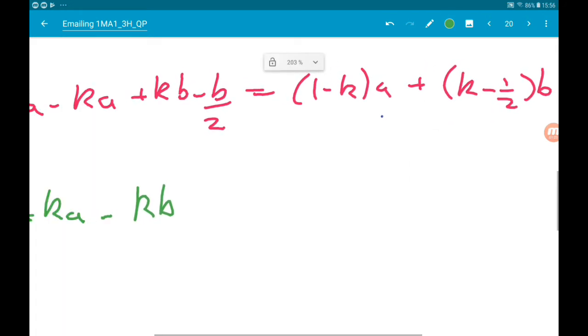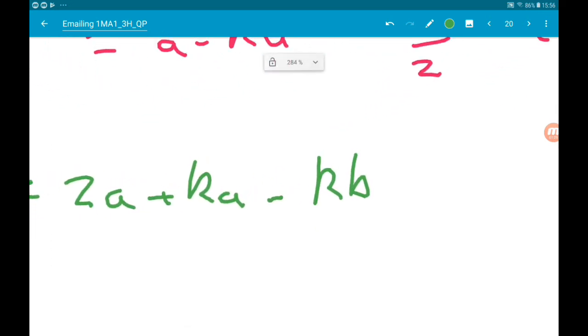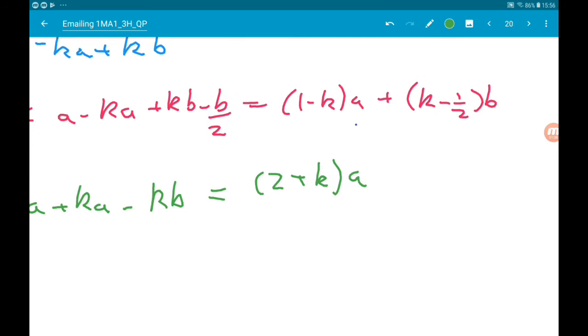And then for this one, we have 2 add ka minus kb.